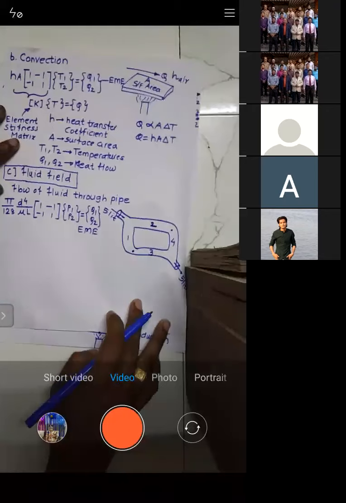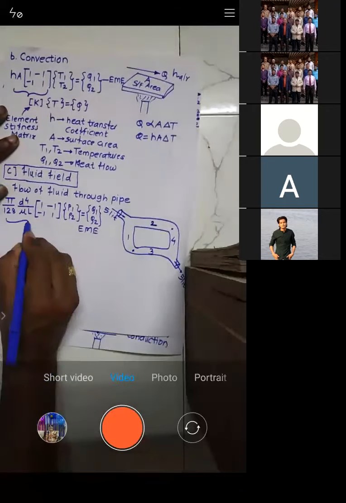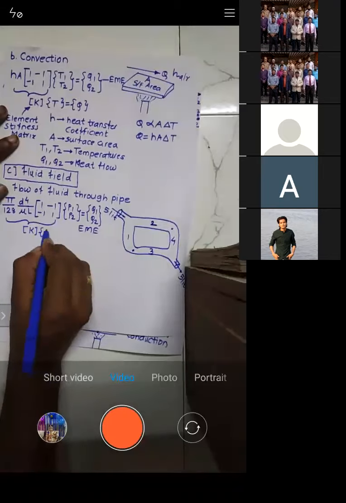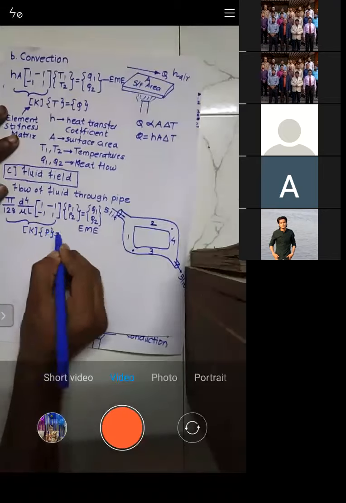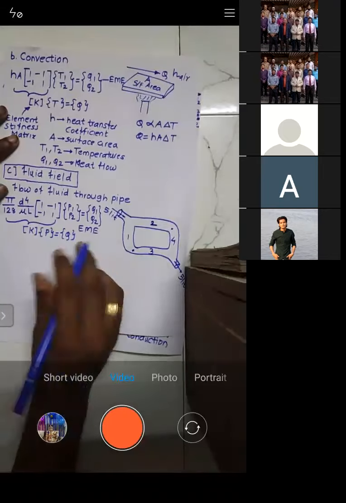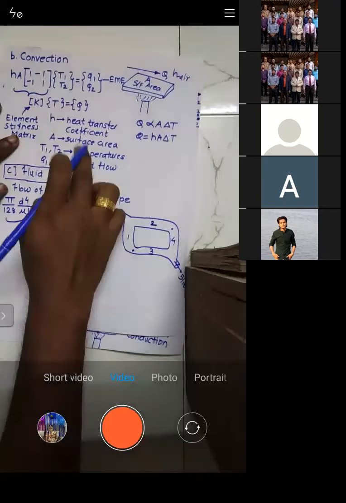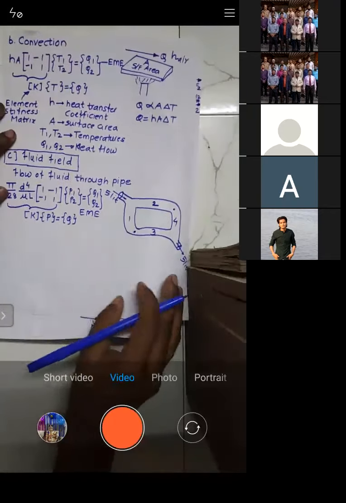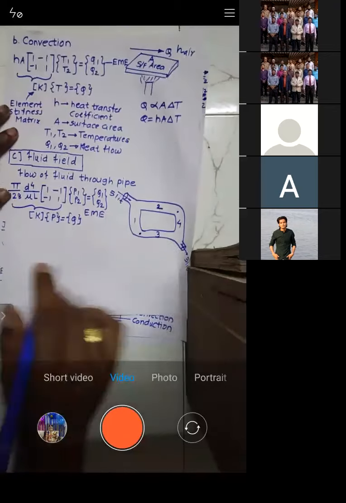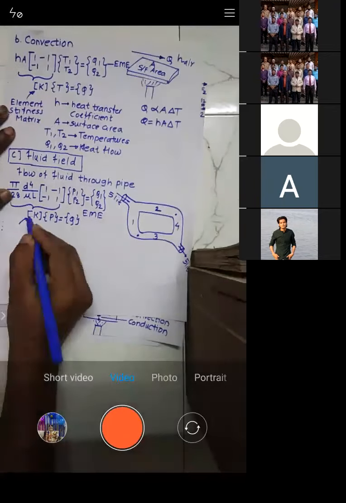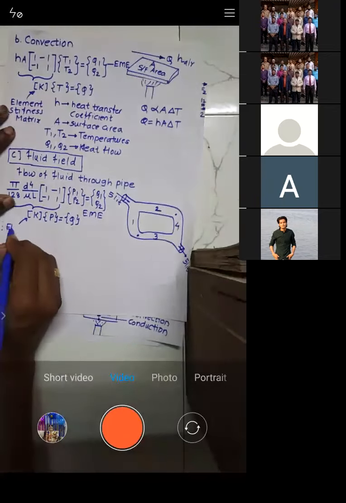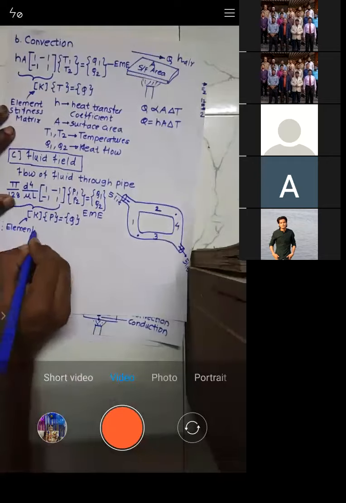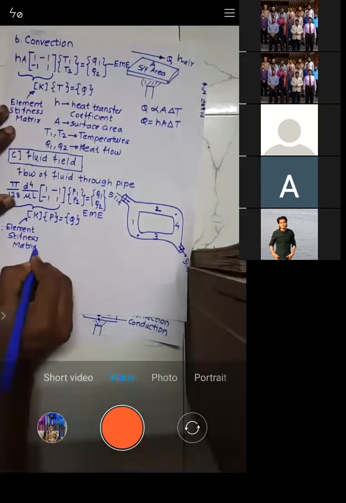This term I'll call the element stiffness matrix, to be multiplied by pressure is equal to discharge Q. Here Q is discharge, whereas earlier Q was heat flow, so try to differentiate it. So this K is the element stiffness matrix.